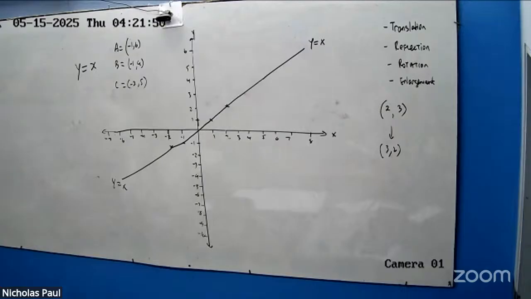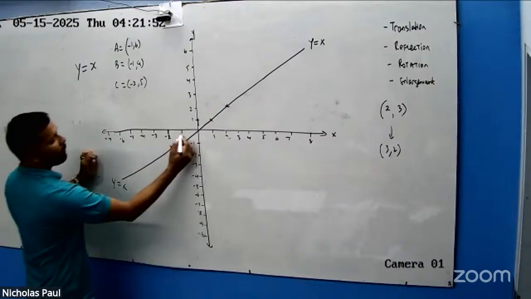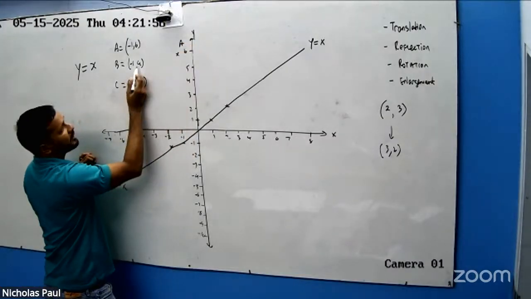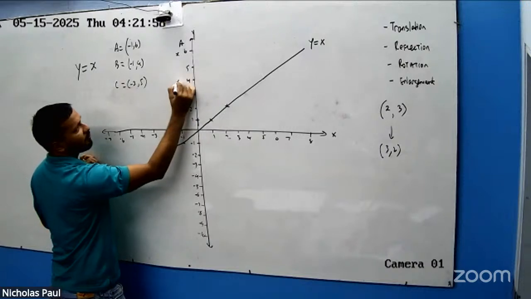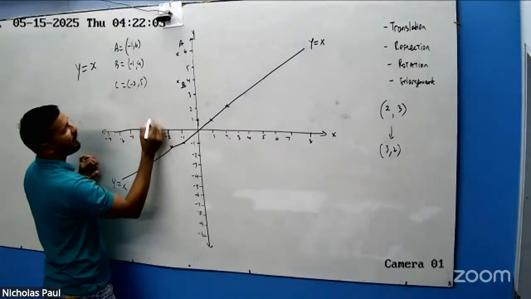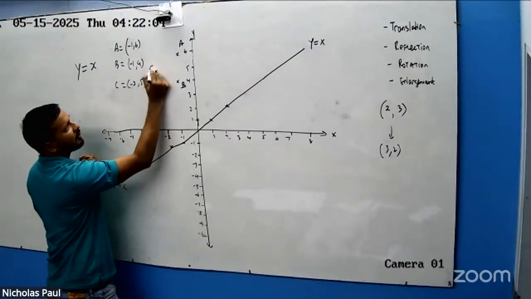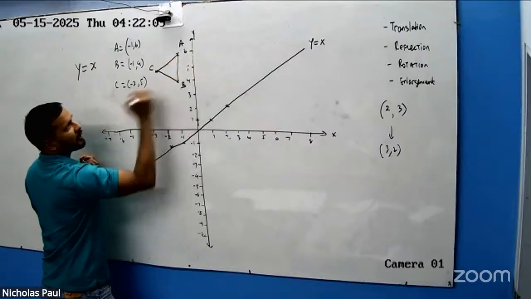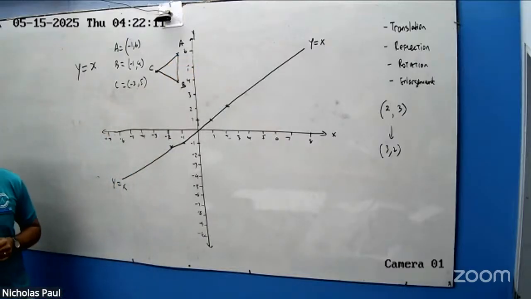I've got all three points, right? So minus 1, 6 is here. Minus 1, 4 is here. And minus 3, 5 is about here. And I want you to connect them up. And that would be your triangle. That's okay?